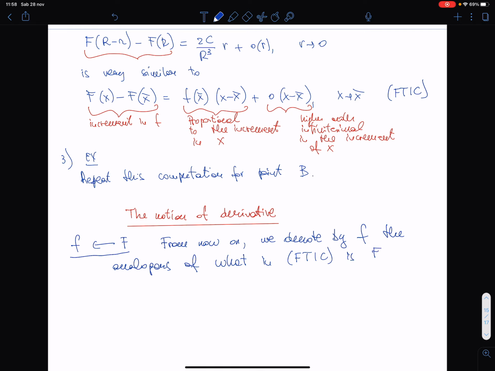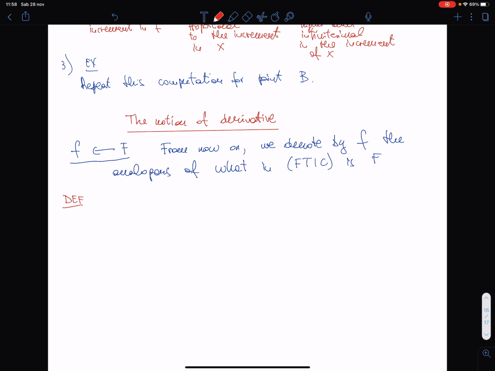So this is just to clarify what happens. Now, what we denote by small f is the analogous not of this small f in the fundamental theorem, but rather of the capital F. I give you the definition, and then we'll have other comments.